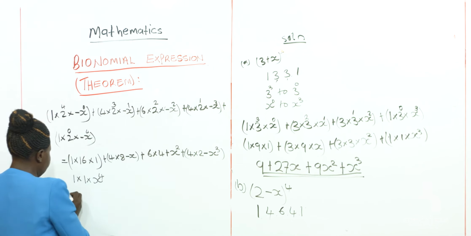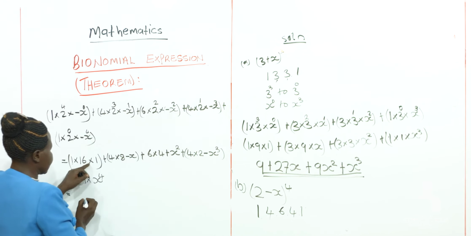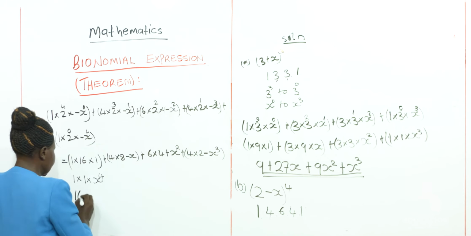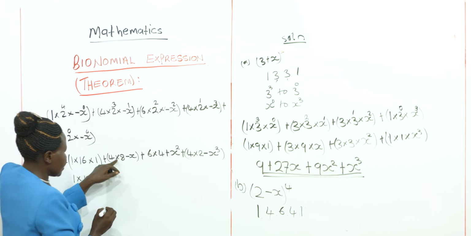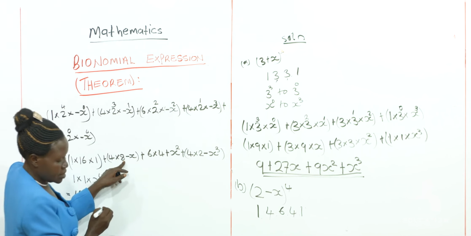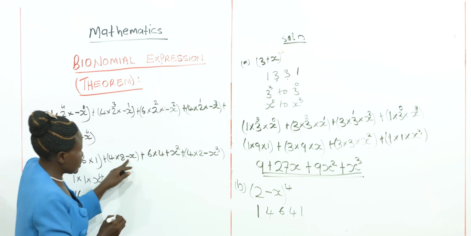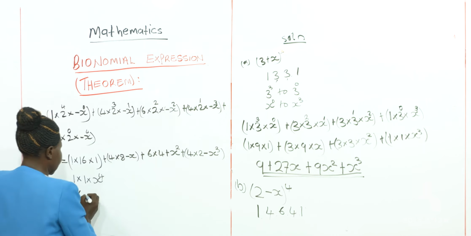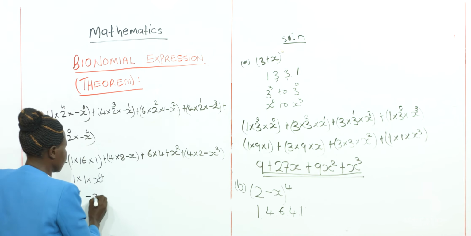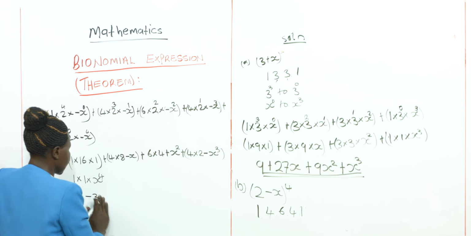So from here you will now simply say 1 times 16 times 1 we get 16. 4 times 8 we get 32. 32 times negative x we get negative 32x.